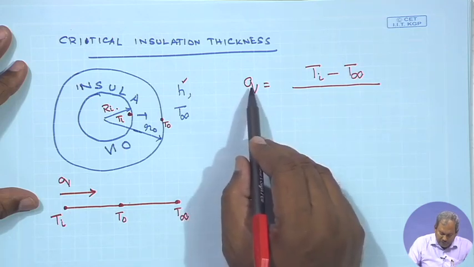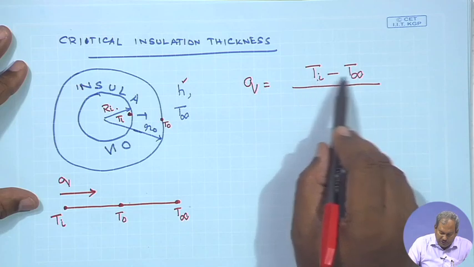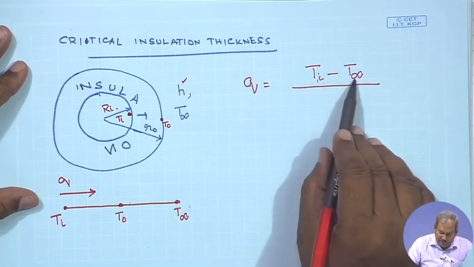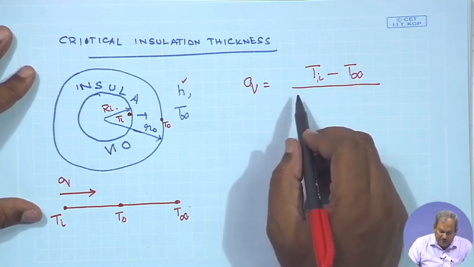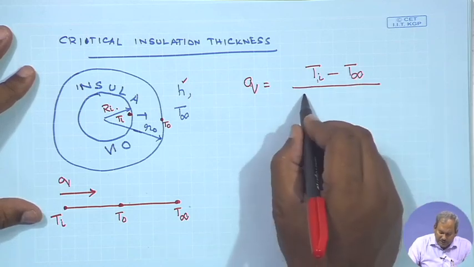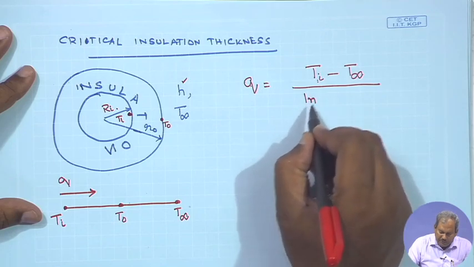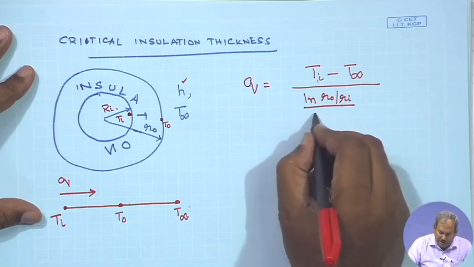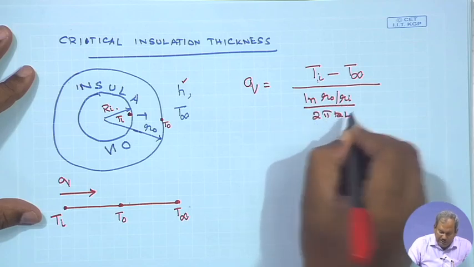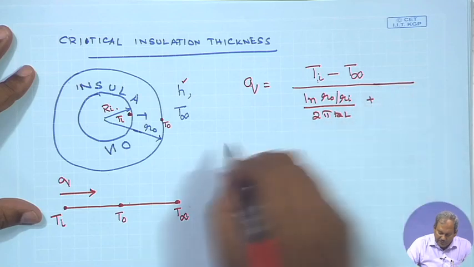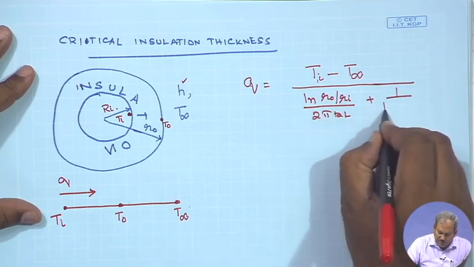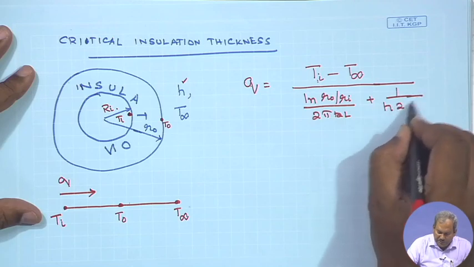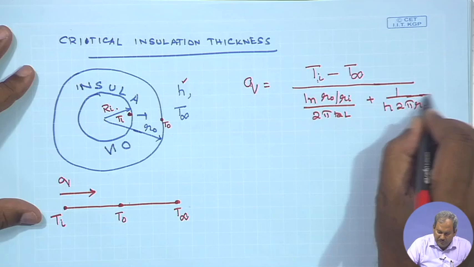So, Q is going to be equal to the effect, and this is the cause: the temperature difference, divided by the sum of resistances. And we know that for cylindrical systems, the conduction resistance is simply ln(R_o/R_i) by 2πkL, and for convection it is going to be 1 by hA, where h is the convective heat transfer coefficient and A is the area available for convection.